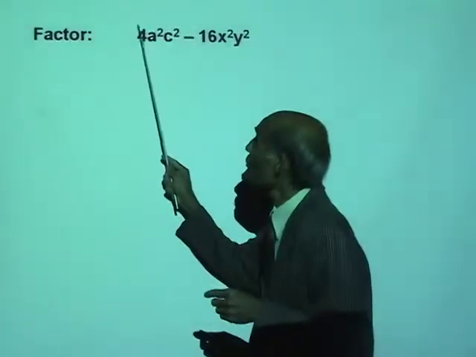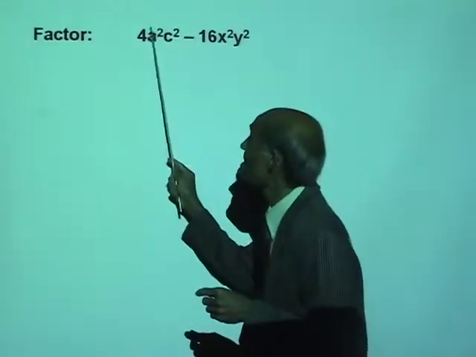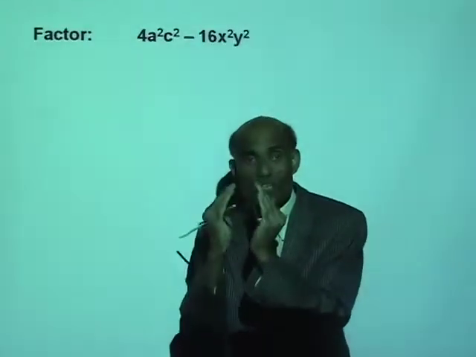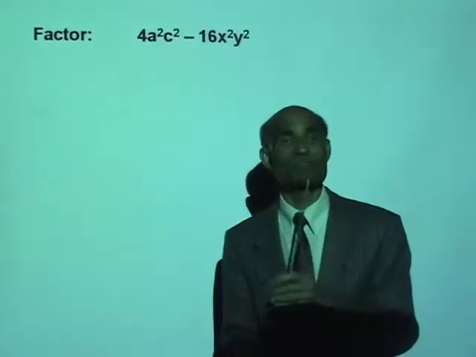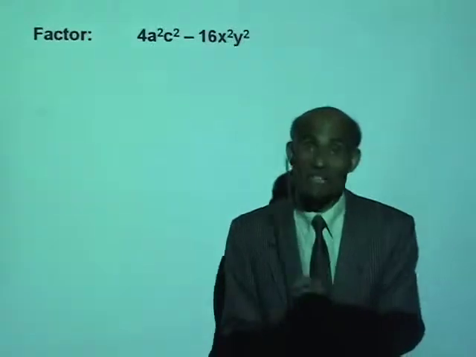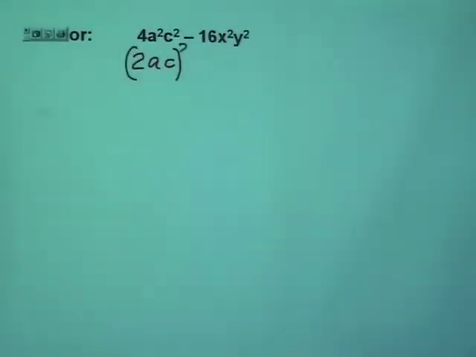Can you write this 4a squared c squared as a quantity raised to the power of 2? Yes, you can. Now watch this. 4a squared c squared, I can write it as 2ac all to the power of 2. Did you get it? I'm sure you do.